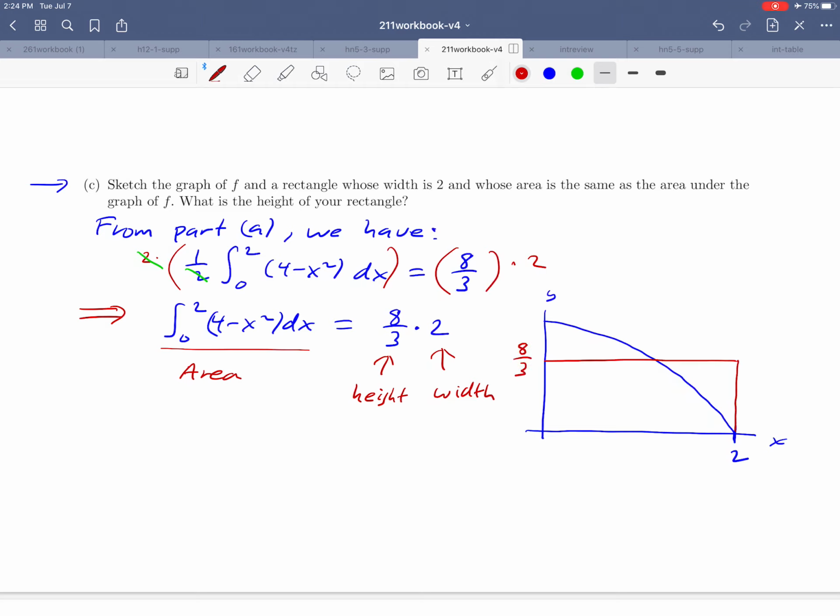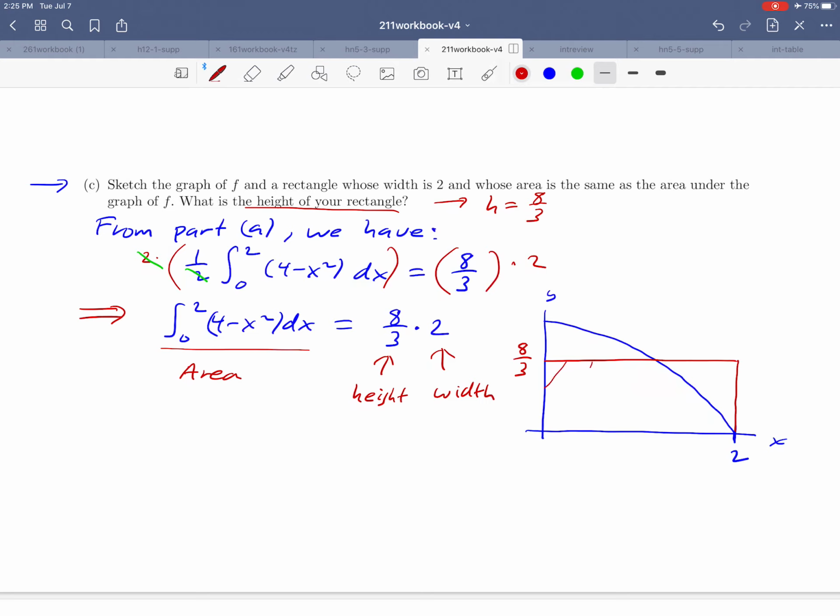Notice that it has a height of 8/3 and a width of 2. So they ask us what's the height of our rectangle. Well, we can see it from our picture. The height is 8/3, and what's special about that 8/3? That 8/3 was the average value of our function.